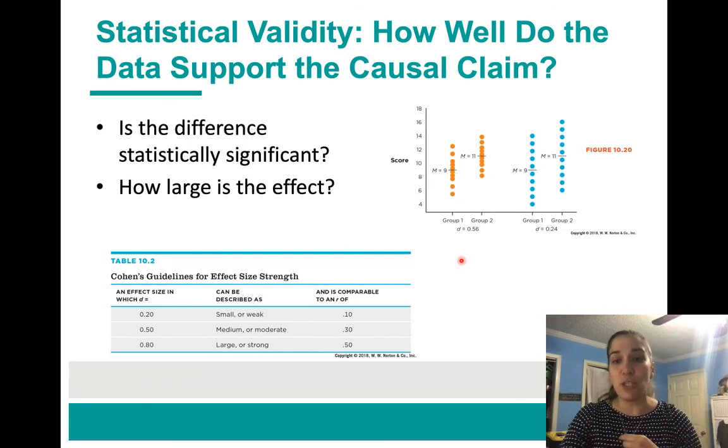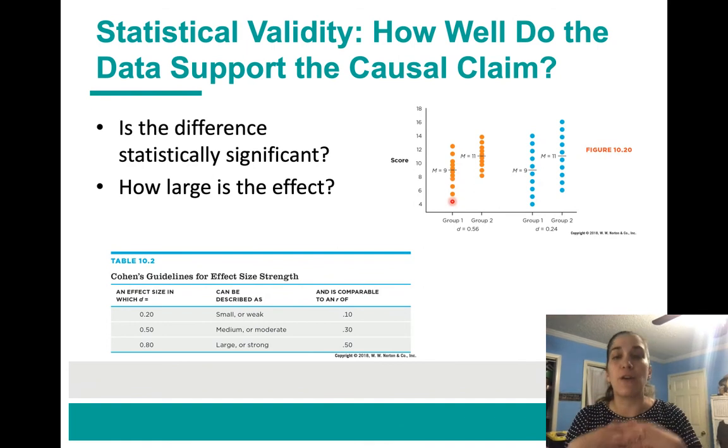But just to demonstrate, we have the same effect here. On the orange side, we have a mean for group 1 of 9 and a mean for group 2 of 11. These are significantly different, and we have a Cohen's d of 0.56. This Cohen's d is higher than the Cohen's d here, even though group 1 still has a mean of 9 and group 2 still has a mean of 11, because the scores here are less variable.